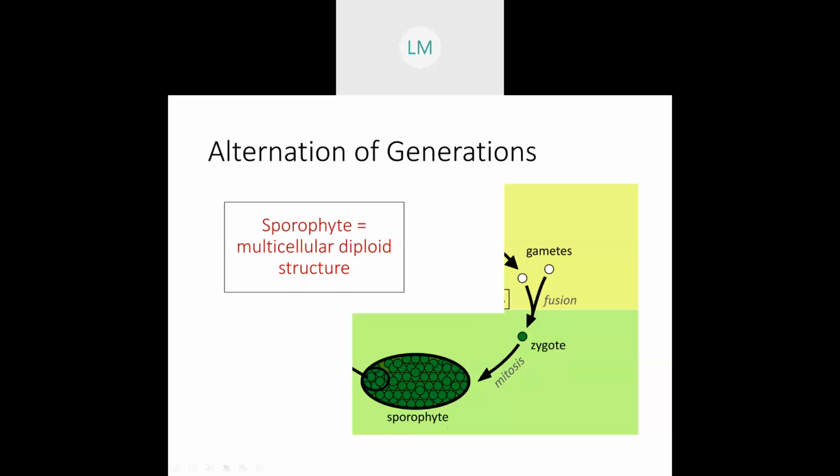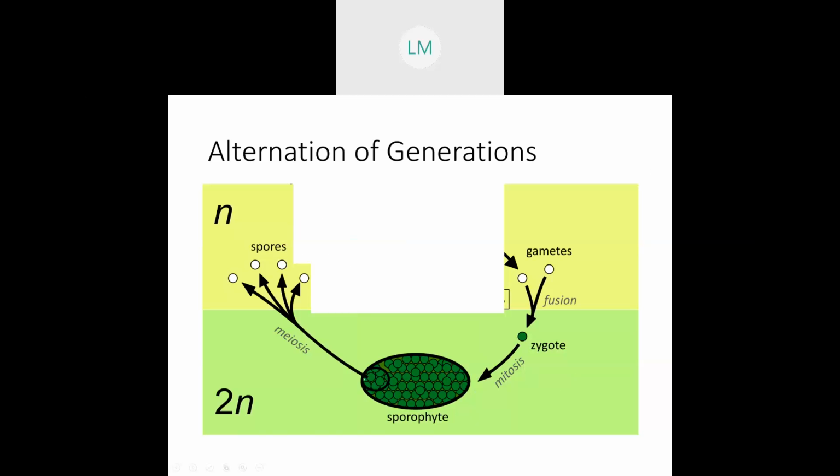So a sporophyte is this multicellular diploid structure. This is a word that's unique to this alternation of generations life cycle. It's a very planty word, sporophyte, and it just means multicellular diploid structure. Okay, so our unicellular zygote undergoes mitosis to create this multicellular sporophyte.